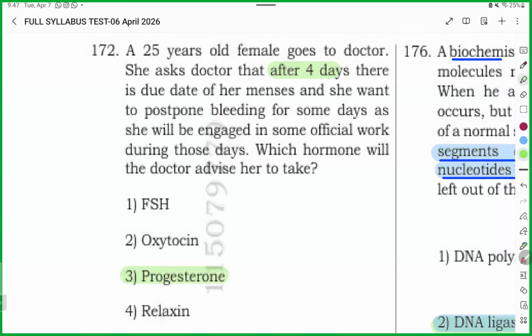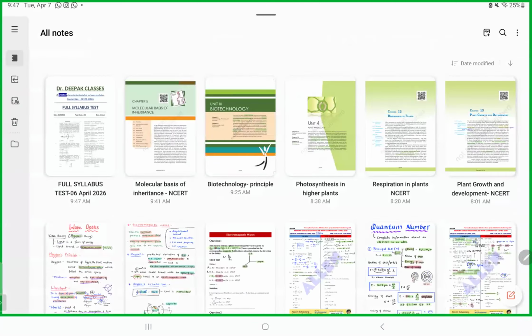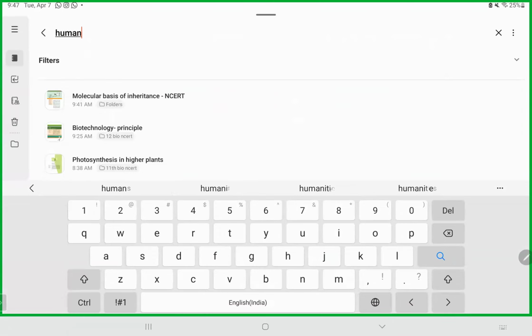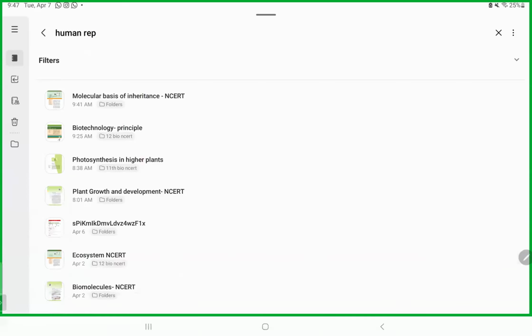Because if there is more progesterone, bleeding will not happen. With more progesterone, the luteal phase will stay longer. The endometrium lining will stay together, because the corpus luteum helps in maintaining the endometrium lining as progesterone is produced. Correct. Human reproduction.